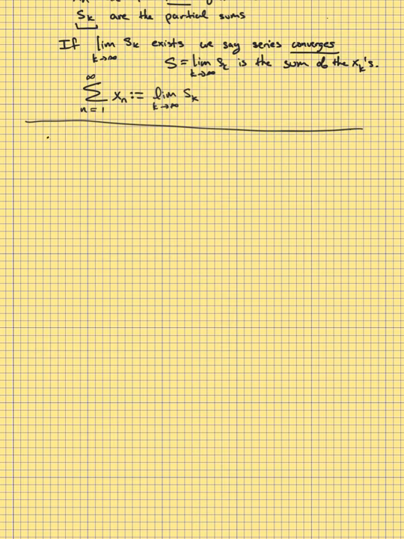Okay, so let me do an example. The first example, generally, is x sub n equal to 1 over n. Let me write out the first values, where n is 1, 2, 3.